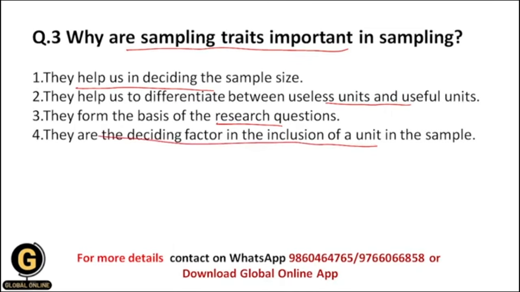So basically students, the characteristics of samples are the most important things, because these characteristics are the representative of the target population, and because of these characteristics we select the samples from the target population, so this is the deciding factor. Based on that factor we decide whether we want to select that particular sample in our study or not, and that's why your correct answer should be 4, because they are the deciding factor in the inclusion of a unit in the sample.